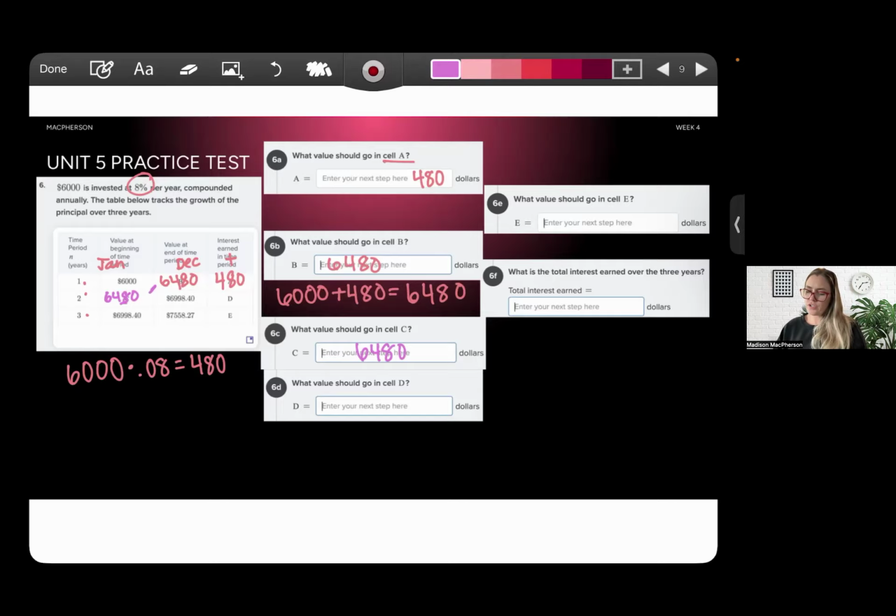And then what value should go in cell D? Well, cell D is the interest earned, and we know that if we started with 6,480 and we ended with 6,998, we're going to subtract to find the difference. So 6,998.40 minus 6,480.